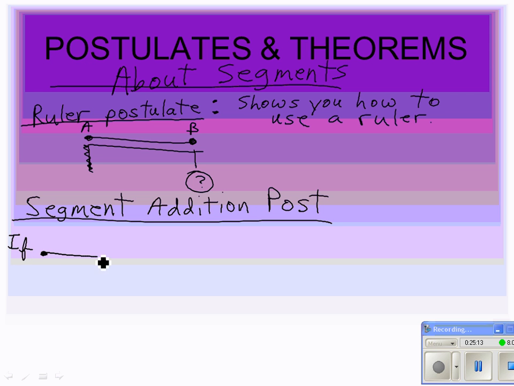If, and I'm just going to give a diagram here. If you have that diagram, and we did these in chapter 1, they were on the chapter 1 test, what can you tell me about the whole segment there? PQ plus QR equals PR.